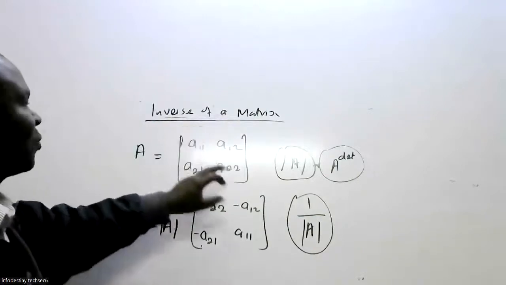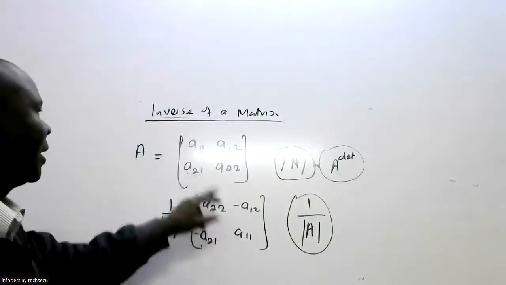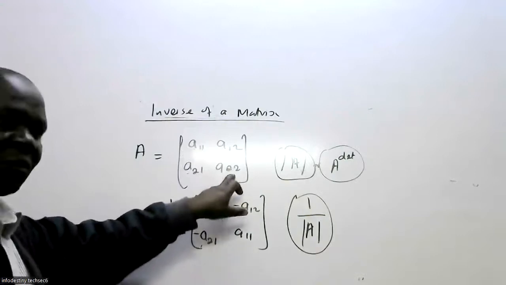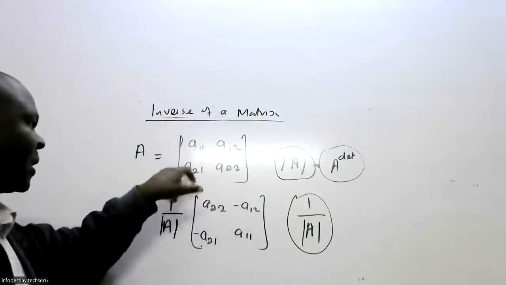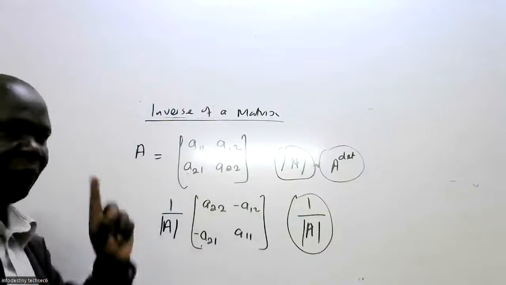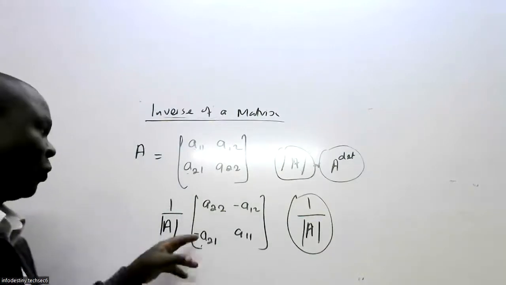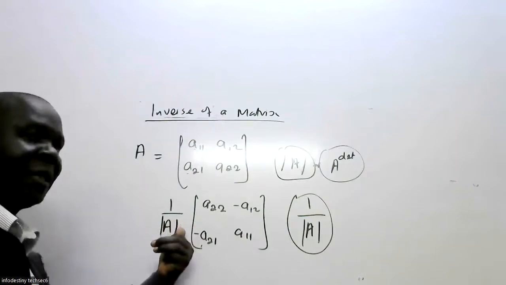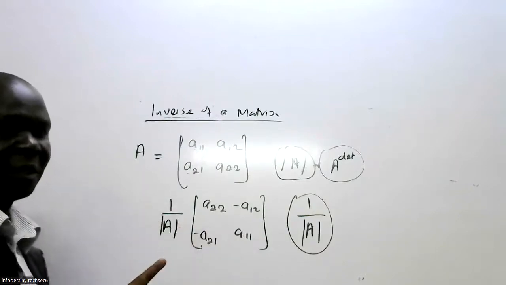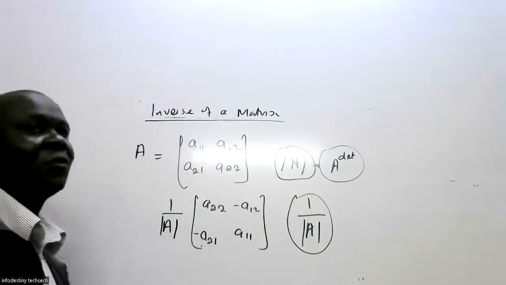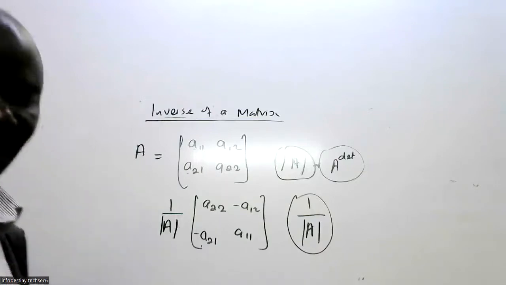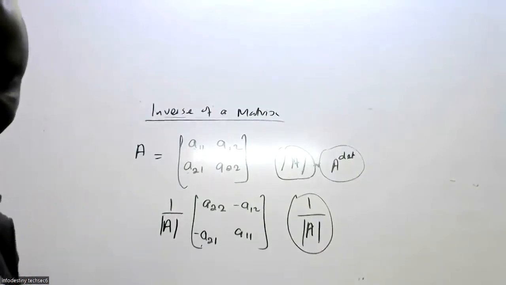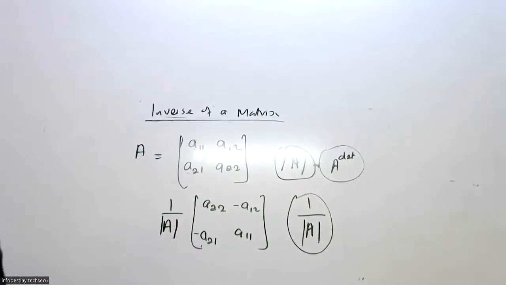Then we interchange this one to be here, and this to be this one. The remaining elements, which are this and this, we multiply by -1. So we obtain this particular matrix. Then we multiply by the inverse of the determinant. That's the inverse of a 2 by 2 matrix. Any question there? So you write that and then continue.